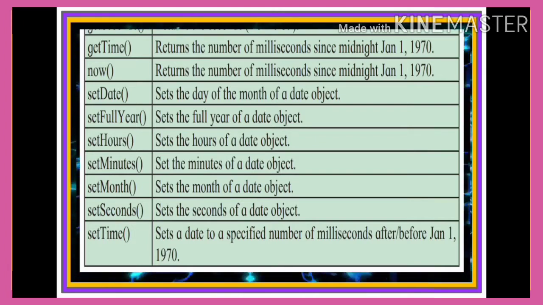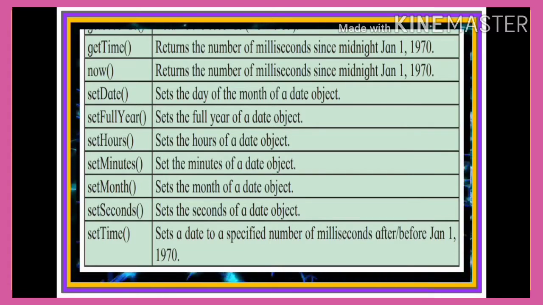Next method is setFullYear. This method sets the full year of a date object. setHours. This method sets the hours of a date object. setMinutes. Sets the minutes of a date object. setMonth method sets the month of a date object. setSeconds.